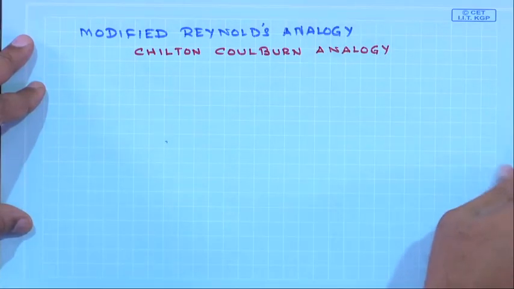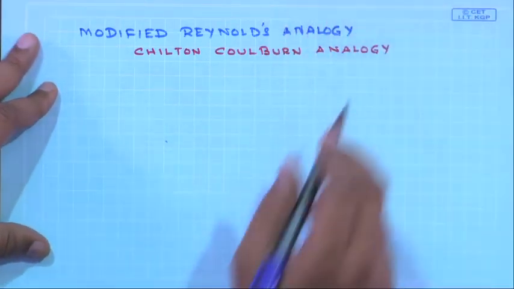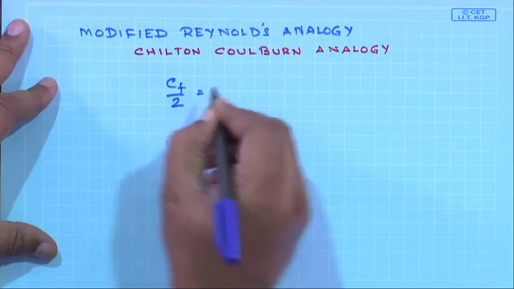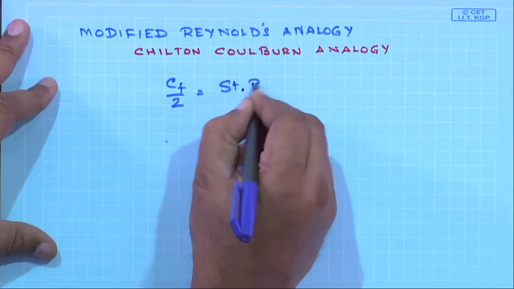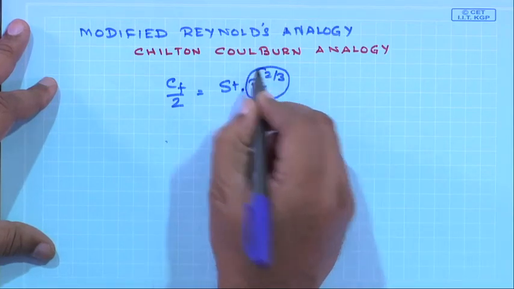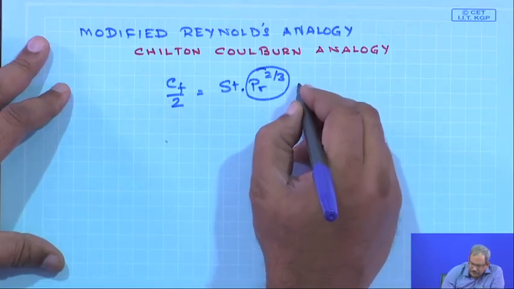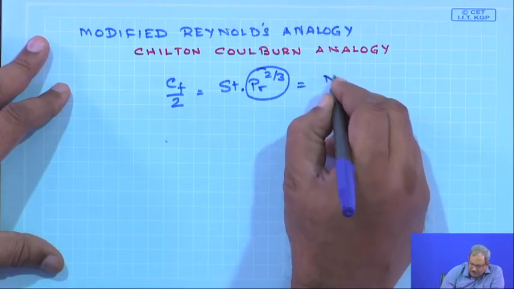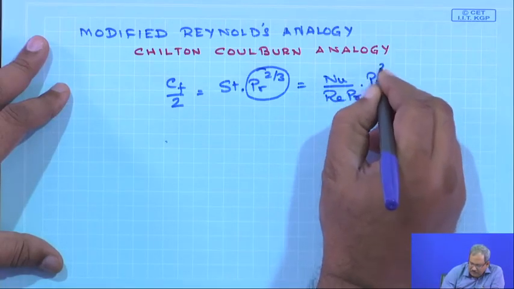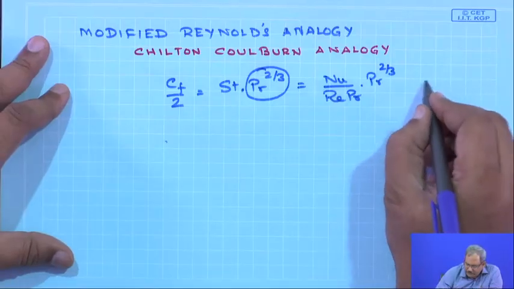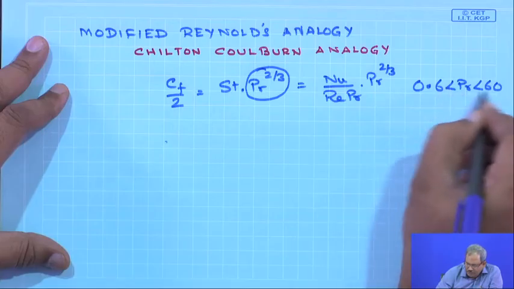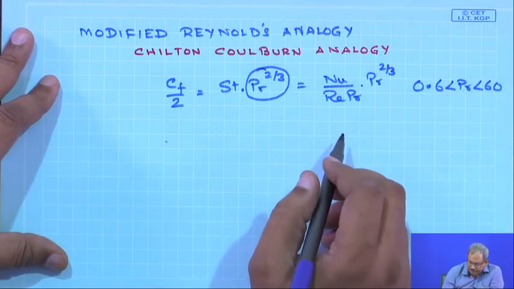Okay. So, to extend the Reynolds analogy, a correction factor is added to this as Stanton into Prandtl to the power 2 by 3. So, this is the correction factor which is added, and Stanton times Prandtl to the power 2 by 3 is Nusselt by Reynolds into Prandtl to the power 1 by 3, and this extends the analogy to a large range of Prandtl number.